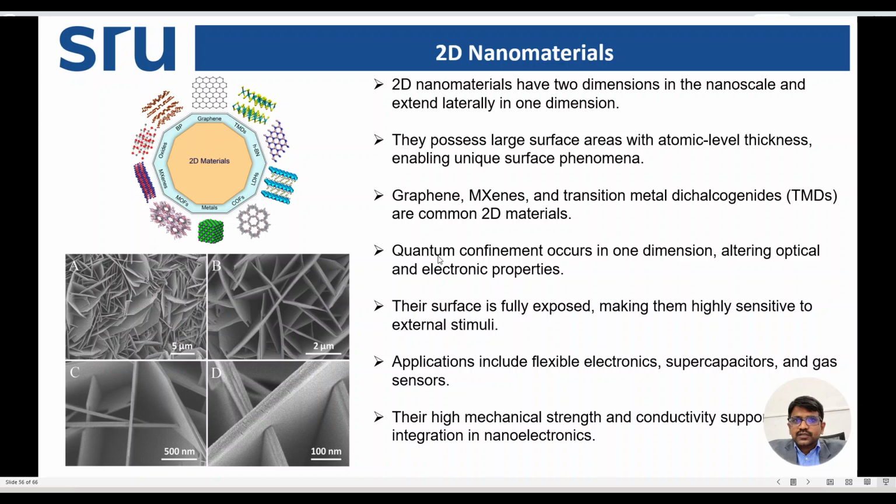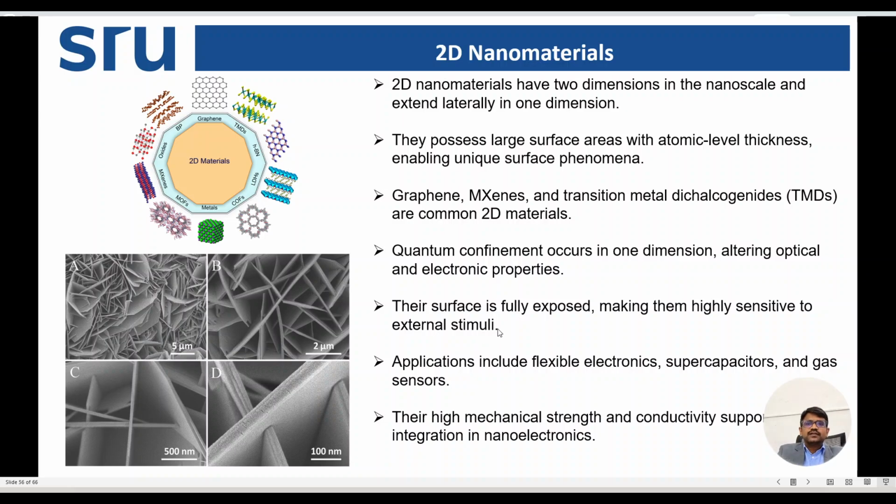Okay, right. So quantum confinement occurs in one dimension, altering optical and electronic properties. As we discussed earlier, quantum confinement plays a big role in deciding the band gap. Because of this modified band gap, we can tune the optical and electronic properties for different applications. Their surface area is fully exposed, making them highly sensitive to external stimuli.